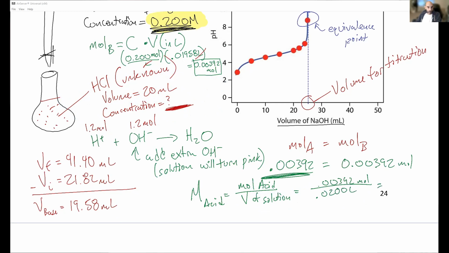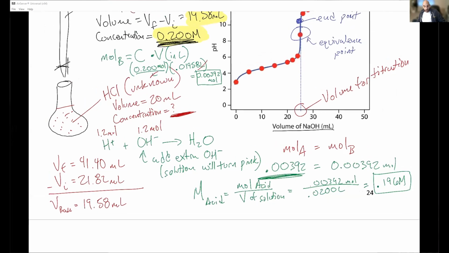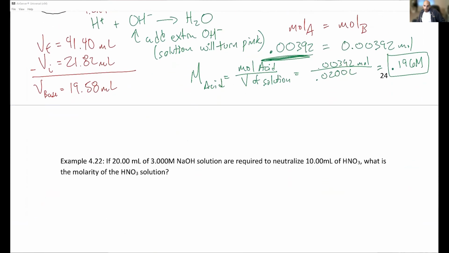So 0.00392 divided by 0.02 liters gives me a concentration of 0.196 molar. That is the concentration of my acid. I calculated the concentration of my acid by doing a titration and getting to the end point. Okay, so that's it.